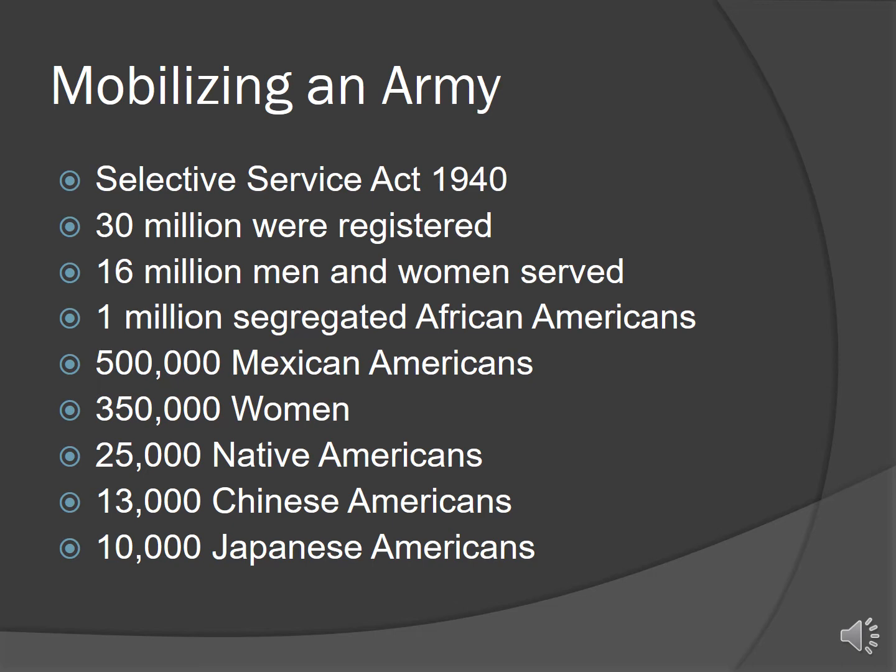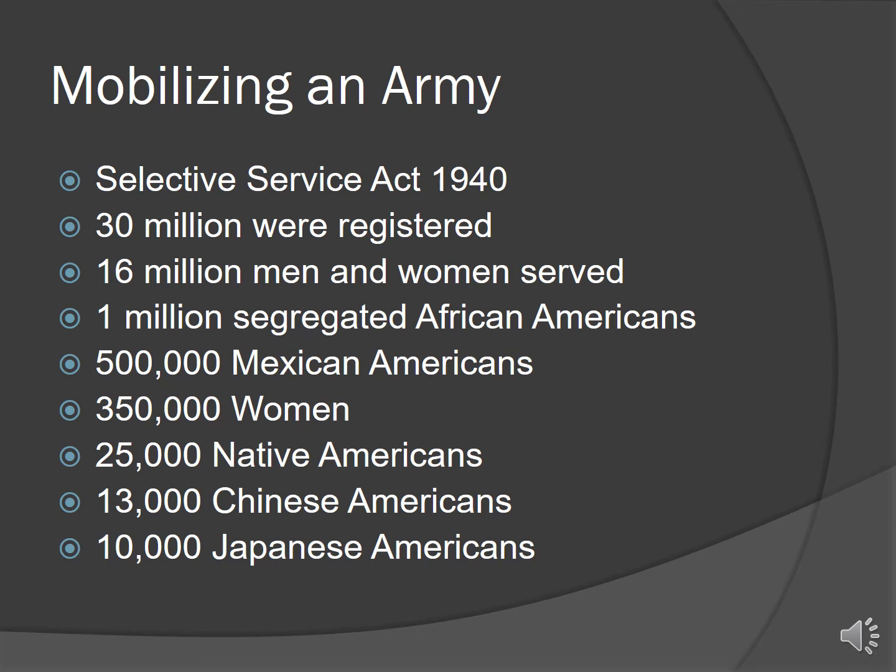So at the onset of World War II, the United States was really much more prepared than it was in World War I. And through the Selective Service Act and the draft, you can see that 30 million people were registered, and 60 million men and women will serve altogether in World War II.